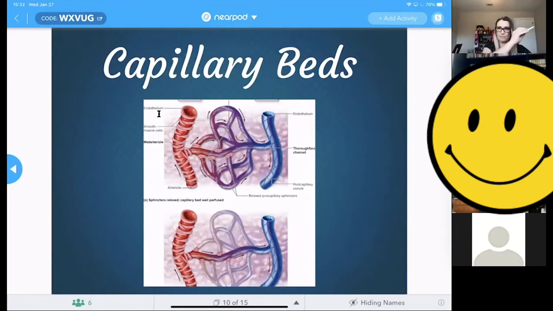So that kind of middle vessel there, it looks like you have a red vessel and a blue vessel, and then in the middle, you have the main mid-arteriole on the arterial end, and then you have the thoroughfare channel at the venous end, okay? So this vessel that's connecting the arteriole and the venule, at the arterial end, it's called mid-arteriole. At the venous end, it's called thoroughfare channel, okay?